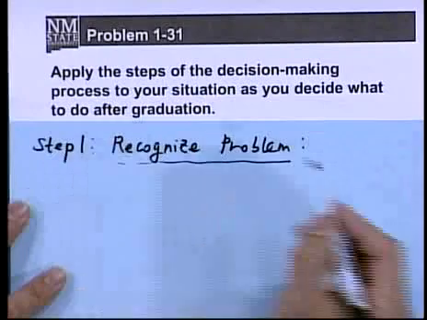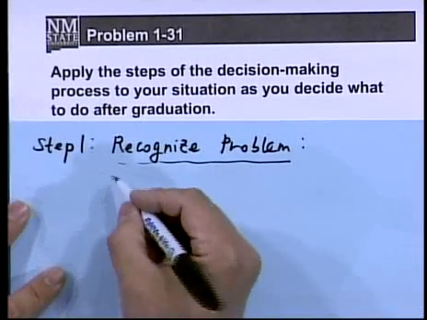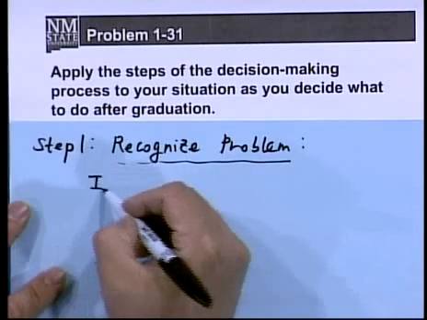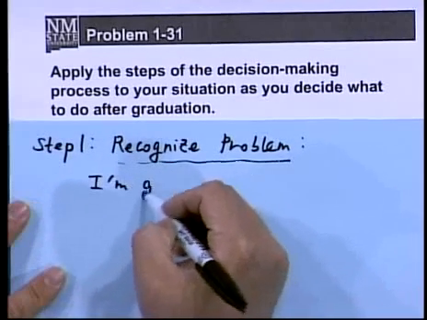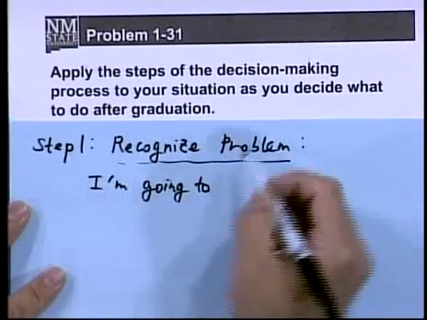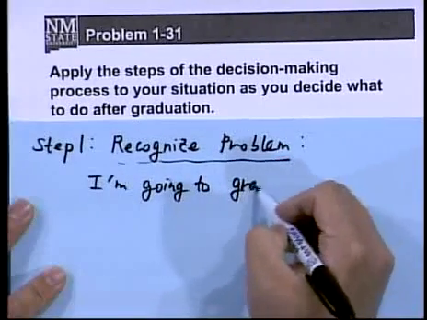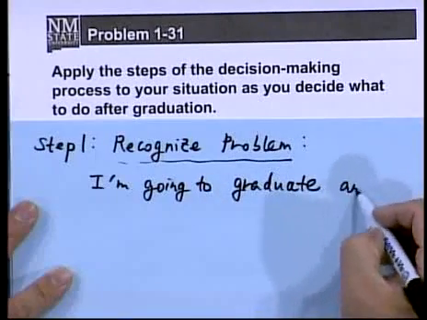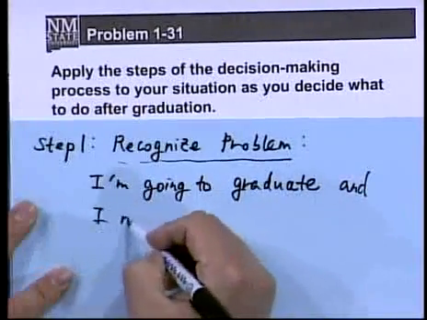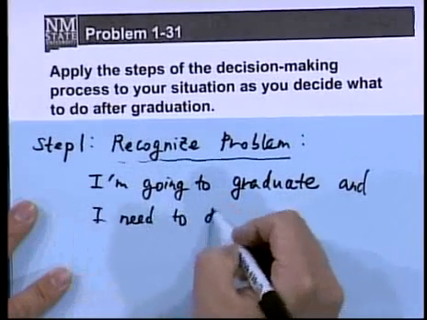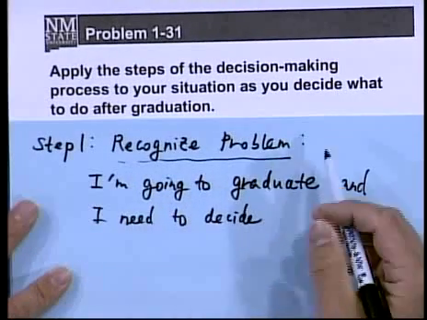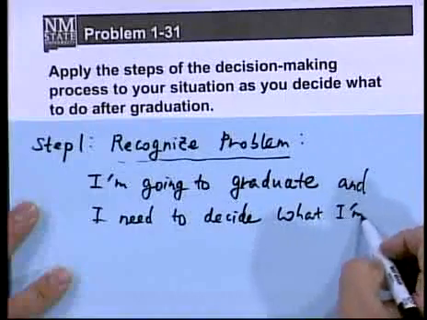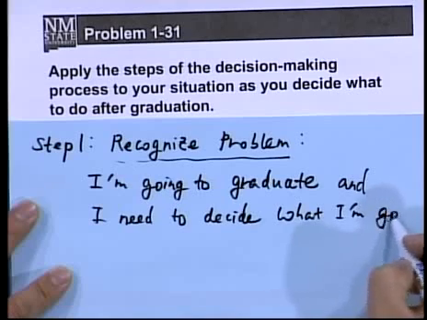So you're going to write down this way. I'm going to graduate. And I need to decide what I'm going to do, right?